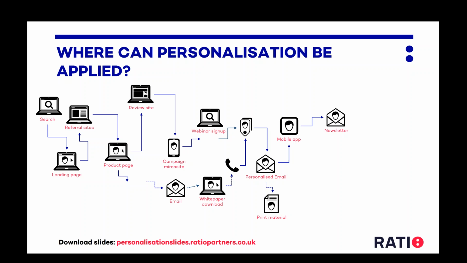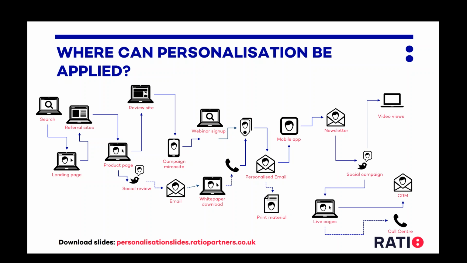If you take that approach and apply it to your own digital marketing, you'll quickly identify where personalization can be applied. In effect, it can be applied across every touch point, across the digital ecosystem, across your digital properties, from the initial search which is driving visitors to your site, to the way they engage and the way they view content. Every touch point has the potential to apply personalization to it.